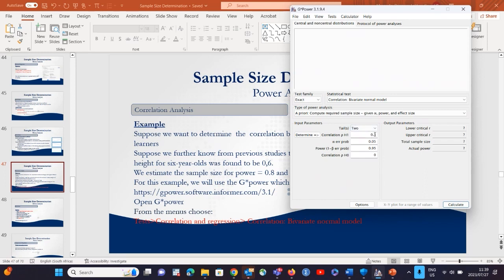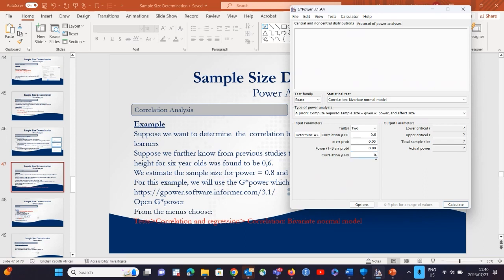The correlation from the previous study, we set it 0.6. And then the alpha, we can leave it, and then the power, we want 80%. And then we leave it as it is.